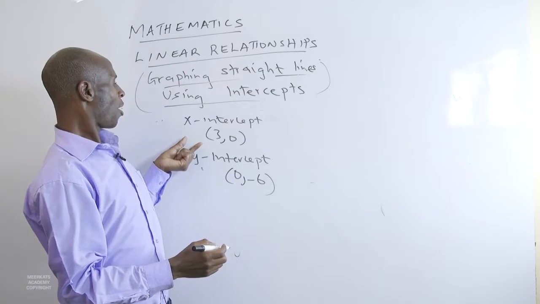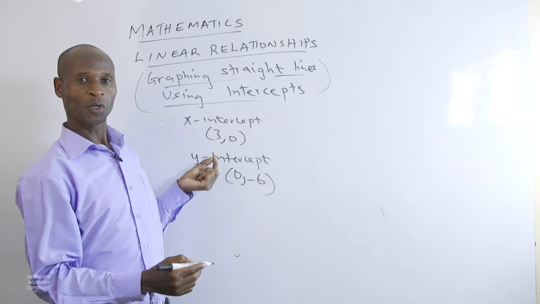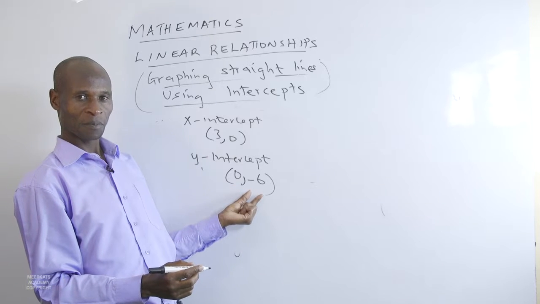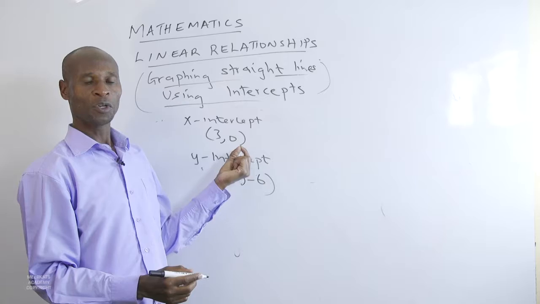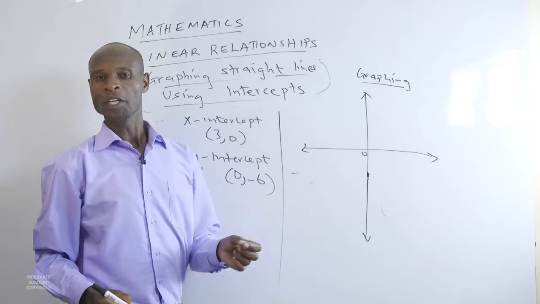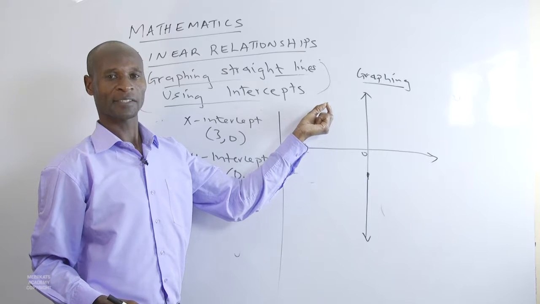Now, we have our x-intercept as (3, 0). We also have our y-intercept as (0, negative 6). We need to draw the graph. So when drawing the graph, you need first of all to label the axis.